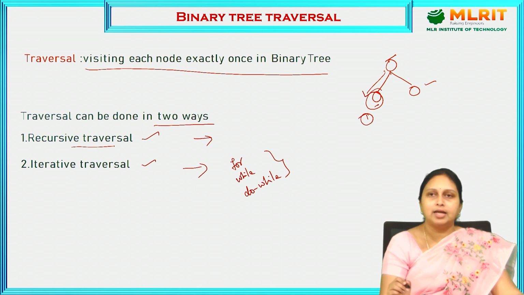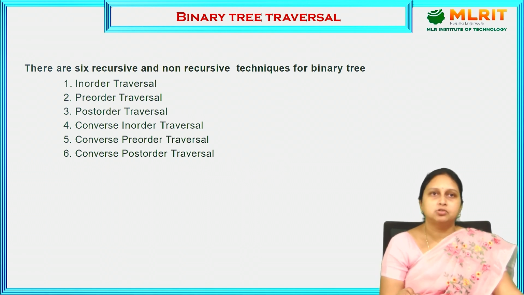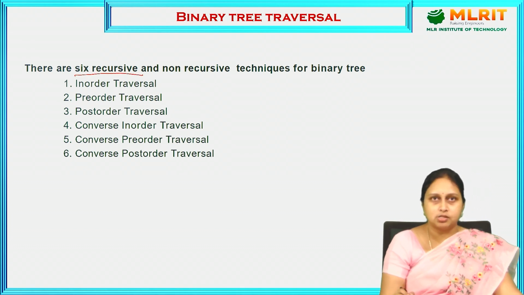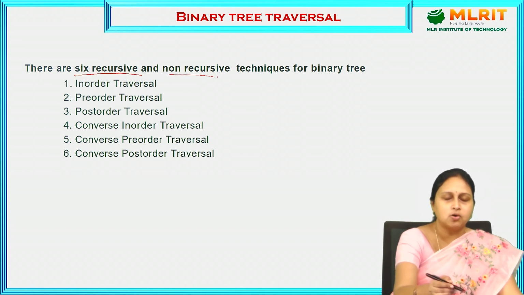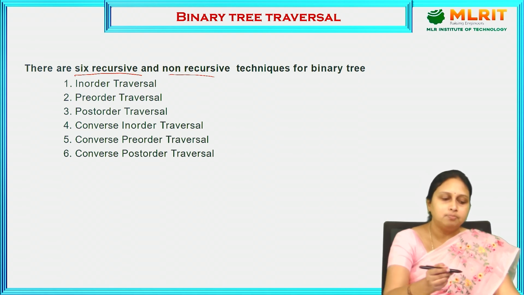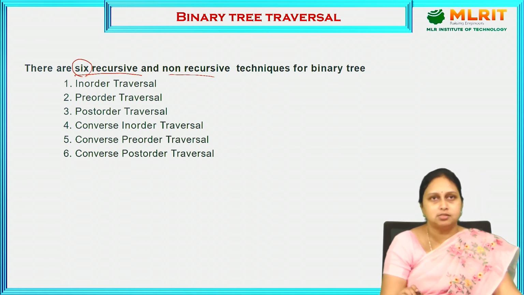Most of our examples, we are going to solve by using recursive traversals. Coming to the different types of traversals we have, totally we have recursive traversals and non-recursive traversals. Non-recursive are nothing but the iterative traversals. Both can be applied. Mainly we need to concentrate on the 6 different types of traversals that can be applied on binary trees.